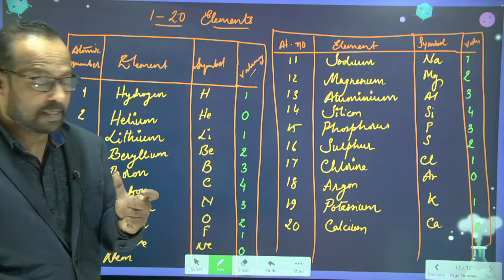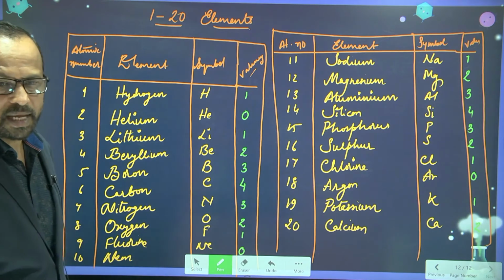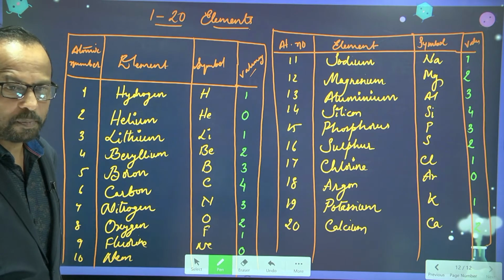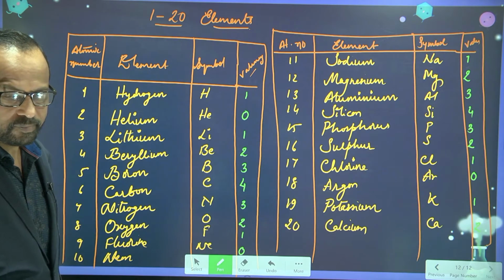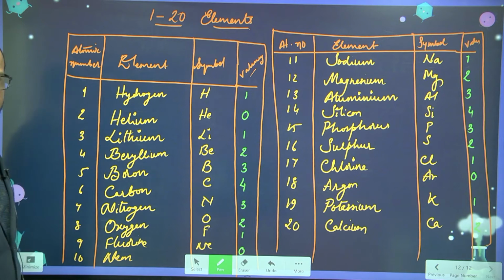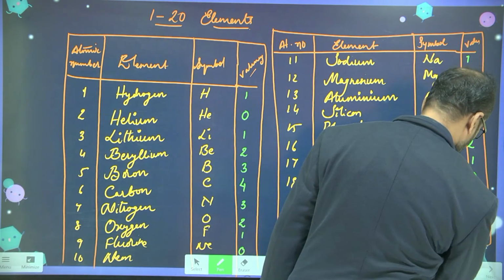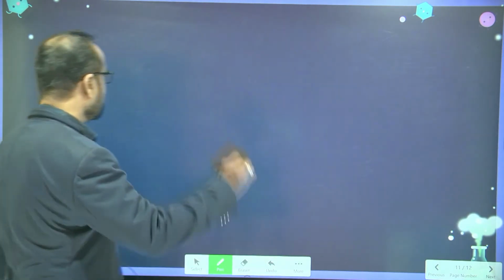What is valency? Okay, so you first take the screenshot or write this one so that I can go to the next topic called valency. Yes? Is it done? Okay students. Now, I will explain you what is valency here.